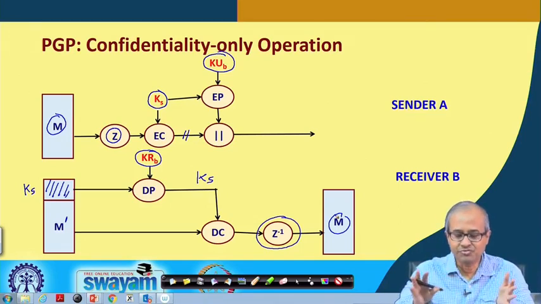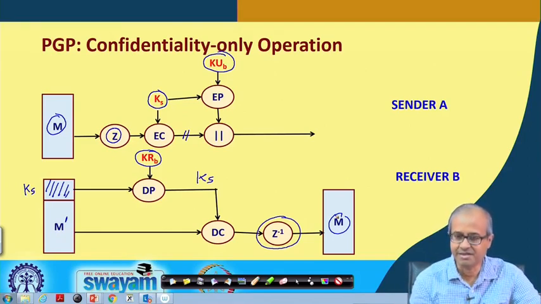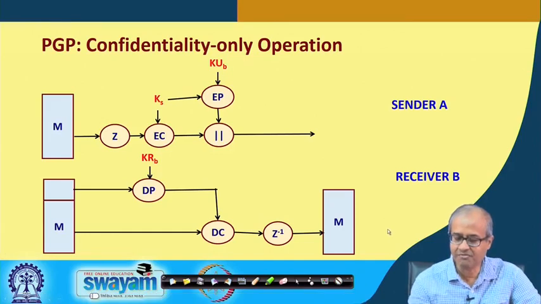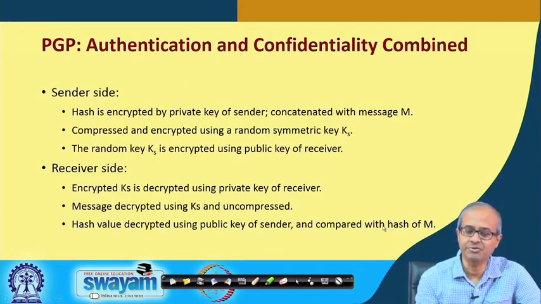Now, these two examples I showed, this referred to how you can do authentication, how you can ensure confidentiality. Now, both these things can be combined together also. I am not showing you the detailed diagram, just I am mentioning that you can have a combined service also, authentication and confidentiality combined.